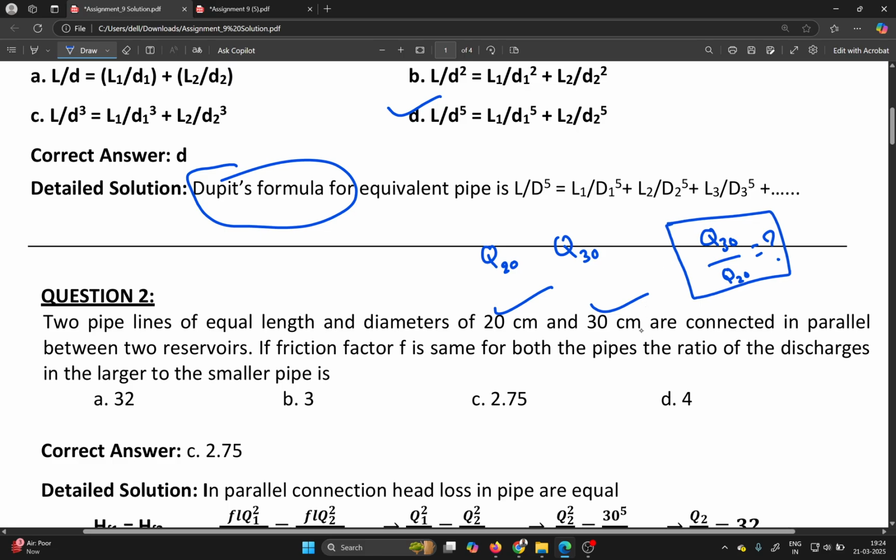And the connection is parallel. You know the two conditions. In case of parallel, your head loss is equal, but the discharge will be a sum. Means total discharge is equal to Q20 plus Q30.